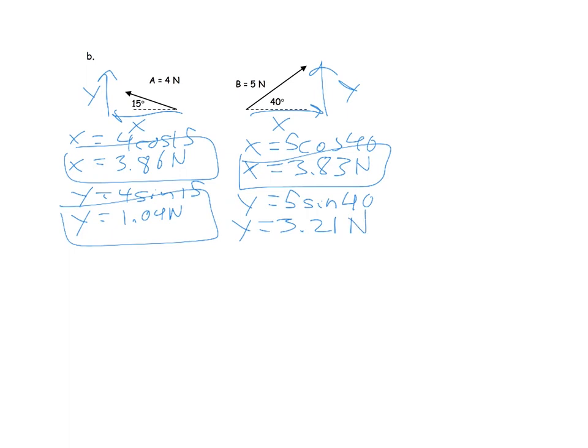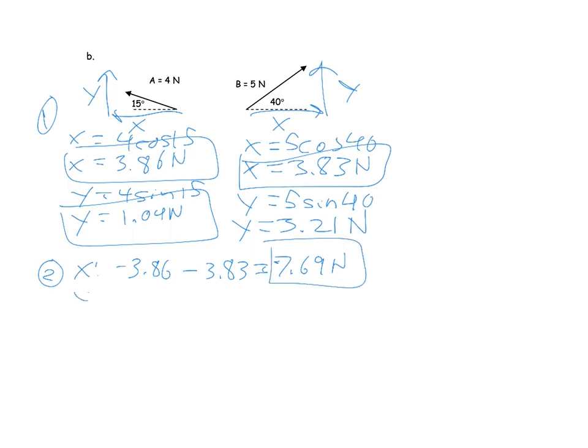Now I'm going to go ahead and combine my components. So in the x direction, we're going to have negative 3.86 because it's going to the left, minus 3.83, and I get 7.69 newtons, negative 7.69 because it's going to the left.